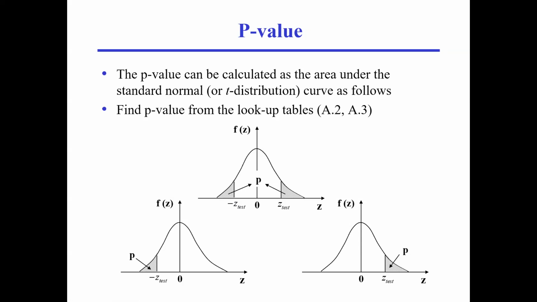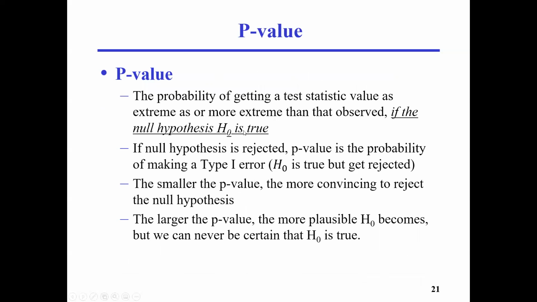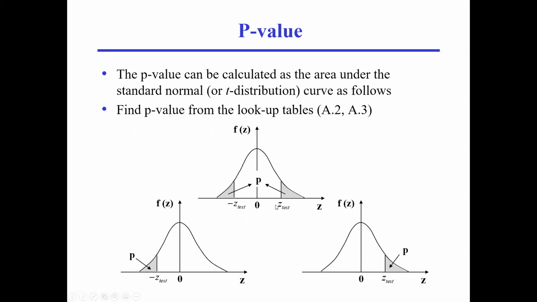And what is the meaning of p? When the null hypothesis is rejected, p-value is the probability of making a type 1 error. So if z-test is moving to the right, it's more likely that your null hypothesis is going to be rejected.